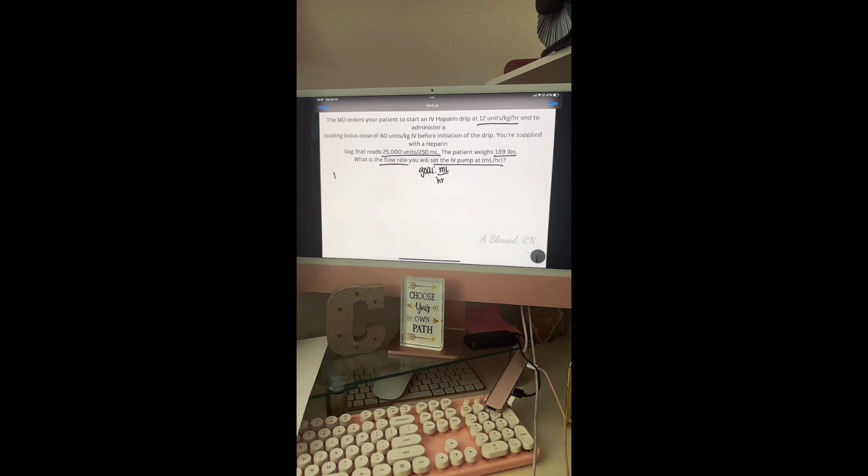So I'll do 189. And then we've got 12 units per kilogram per hour. And then we'll have 25,000 units per 250 mL. Okay, so those are all of my puzzle pieces.